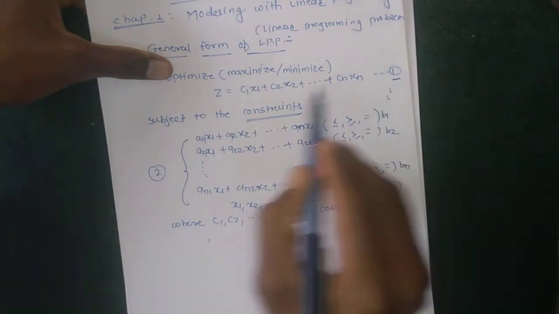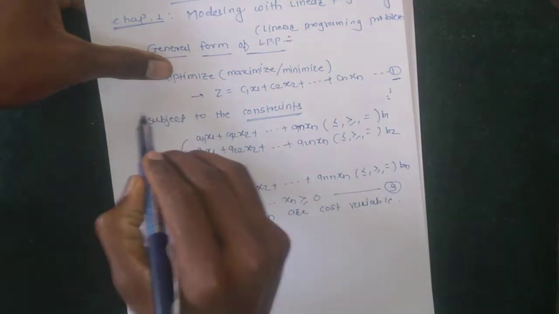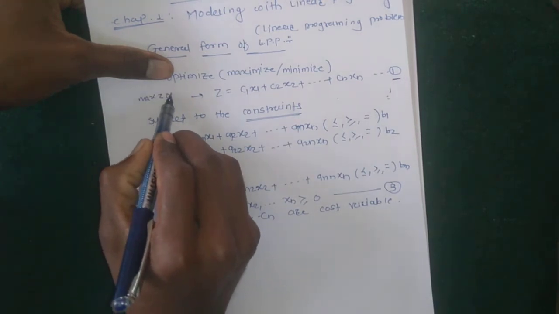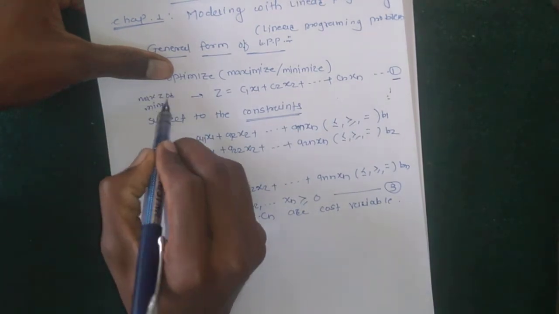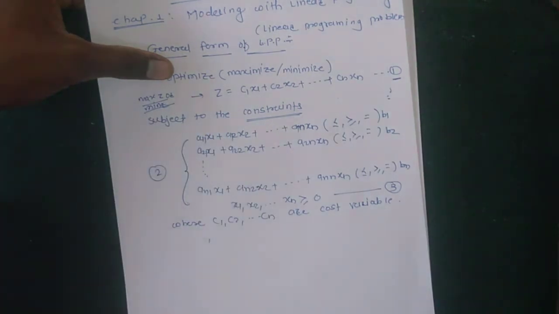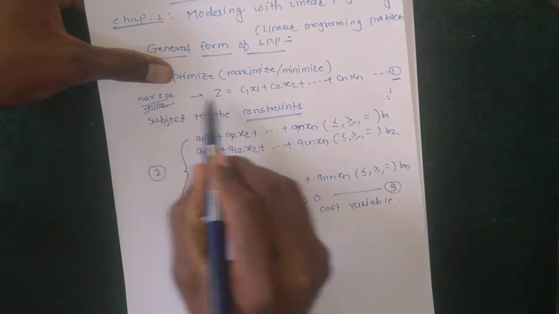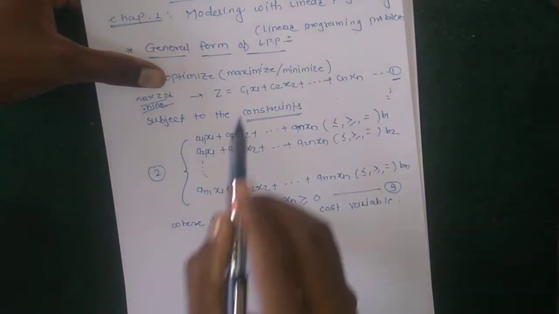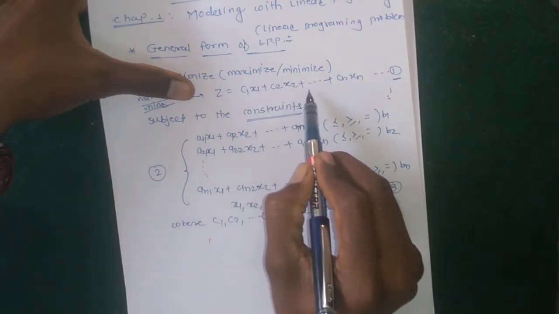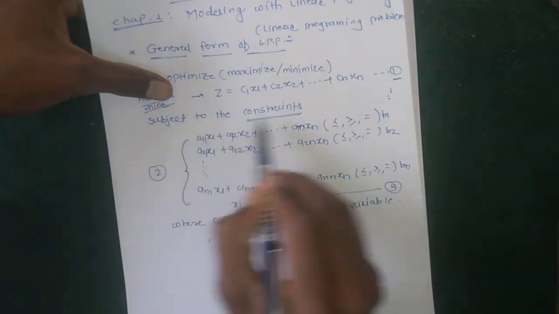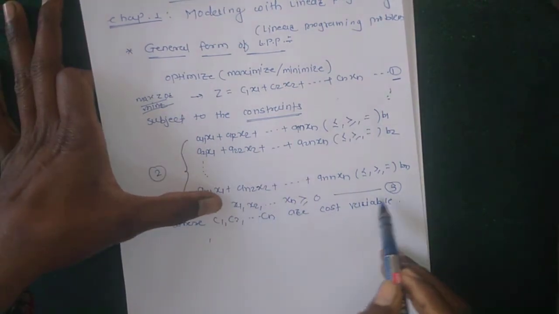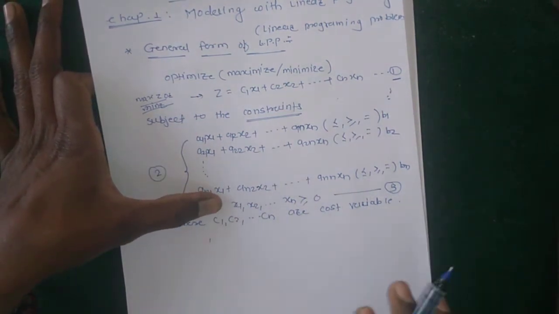The optimal solution is to find maximum Z or minimum Z, which depends on the problem. So optimize Z is equal to c1 x1 plus c2 x2 up to cn xn, subject to the constraints. These are all our constraints, and lastly equation 3 is called the non-negativity condition.